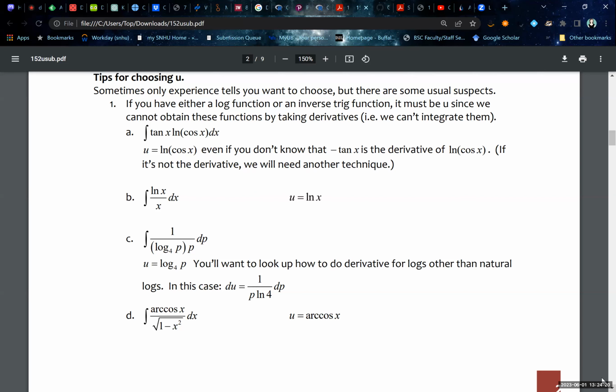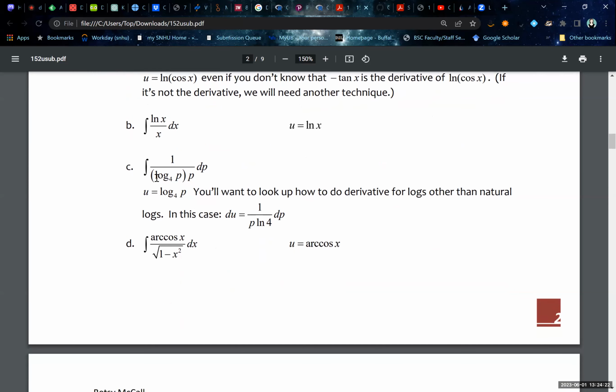Same thing basically in this third problem. You have a log with a different base, and the derivative is slightly different, but it works in the same way. You've got a log someplace in the problem, and importantly, you have another multiple of the variable sitting out here in the denominator.